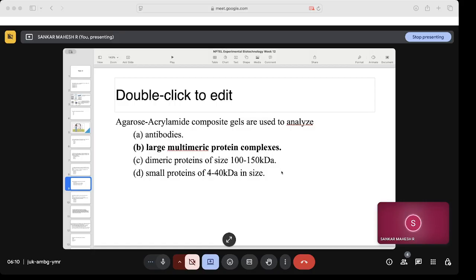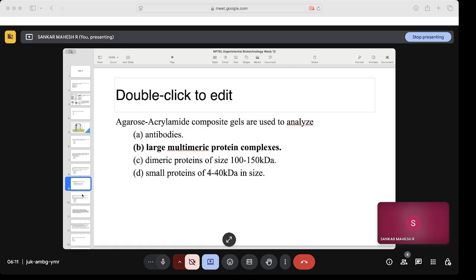So in those cases, you can use these agarose acrylamide composite gels. But for normal proteins like dimeric proteins of this molecular weight, SDS-PAGE is more than sufficient, and even for antibodies. Was that clear?